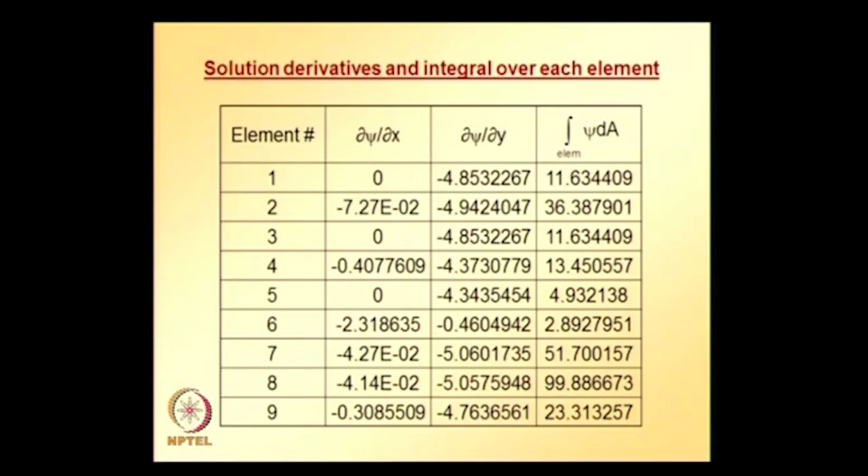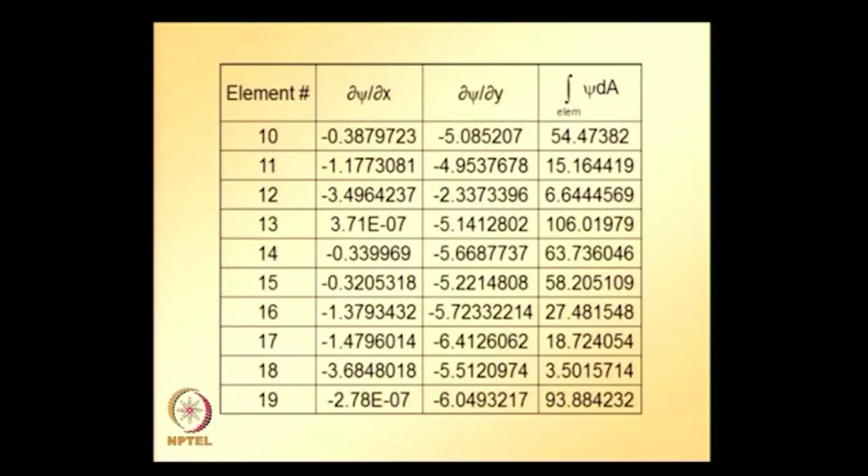The solution derivatives and integral over each element are shown in this table: the partial derivative of the stream function with respect to x, the partial derivative of the stream function with respect to y, and the integral of the stream function over the element domain. Elements 1 to 9 are shown here and the rest of the elements are shown in the other slide.